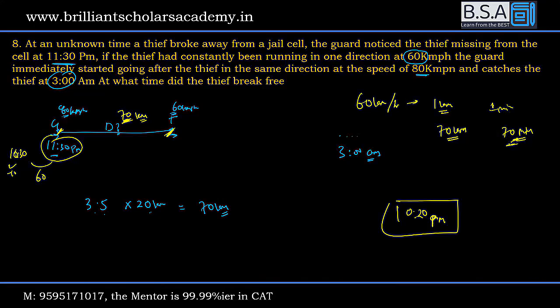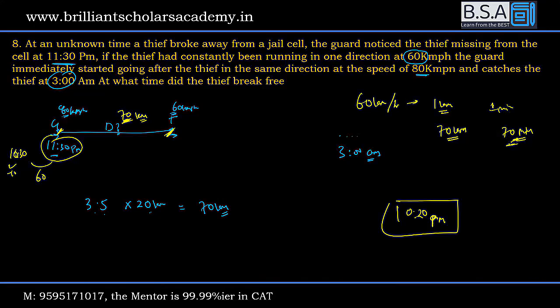We have talked about this when the faster person is trying to catch up with a slower person. We say relative distance is equal to relative speed into time. Here, what is the relative speed? 20 kilometers per hour. What is the time taken to catch? 3.5 hours. So 3.5 hours into 20, 70 kilometers have been caught up. 70 kilometers was the gap between them.